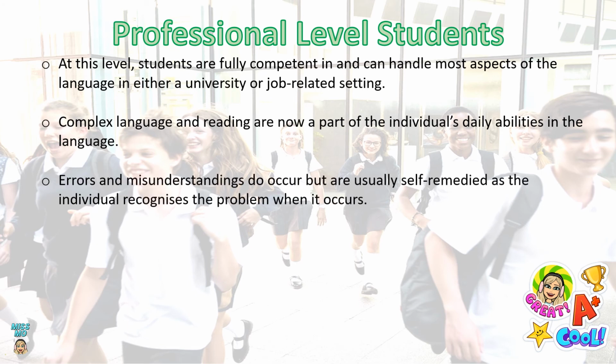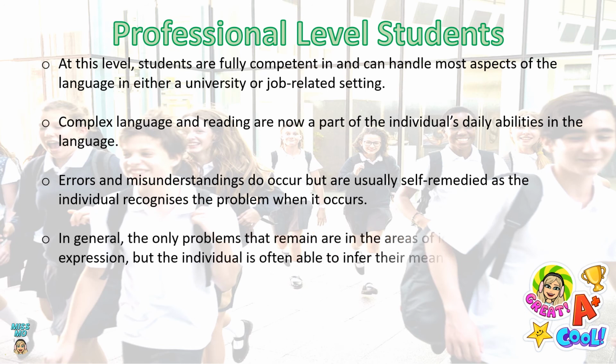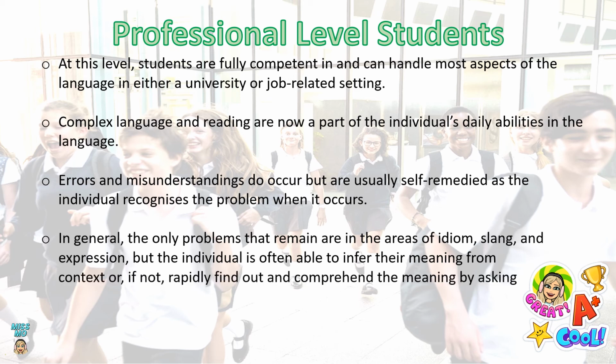Errors and misunderstandings do occur, but are usually self-remedied as the individual recognizes the problem when it occurs. In general, the only problems that remain are in the areas of idiom, slang, and expression, but the individual is often able to infer their meaning from context, or if not, rapidly find out and comprehend the meaning by asking for clarification.